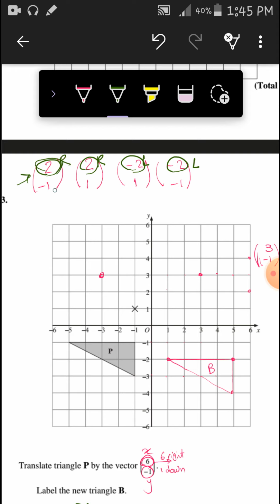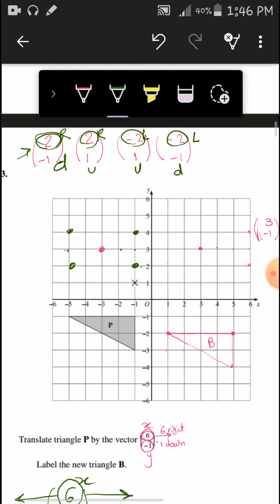The second number tells us up or down: if it's negative, we move down. So the first one is 2 right and 1 down, and 1 here, negative 2 and 1, negative 2 and negative 1 here. This is the first one, second one, third one, and the fourth one.